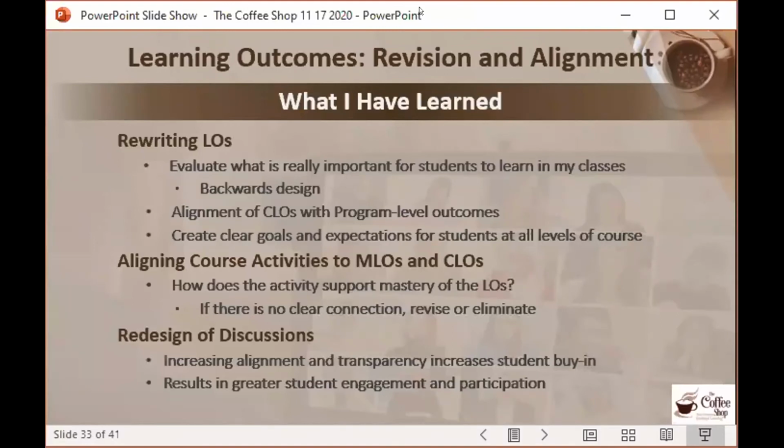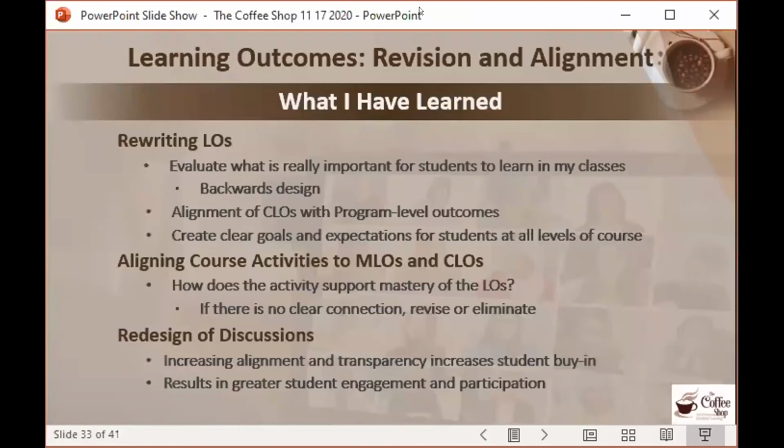And I really embrace this idea of backwards design, starting from the program learning outcomes and asking how my course supports these program courses, and then building down from the program to the course, to the module, to the lecture learning outcomes. And what this has done, I've found, is that it creates clear goals and expectations for students.